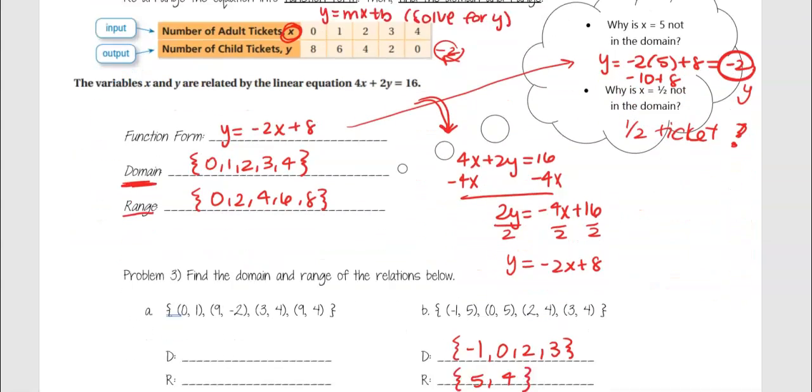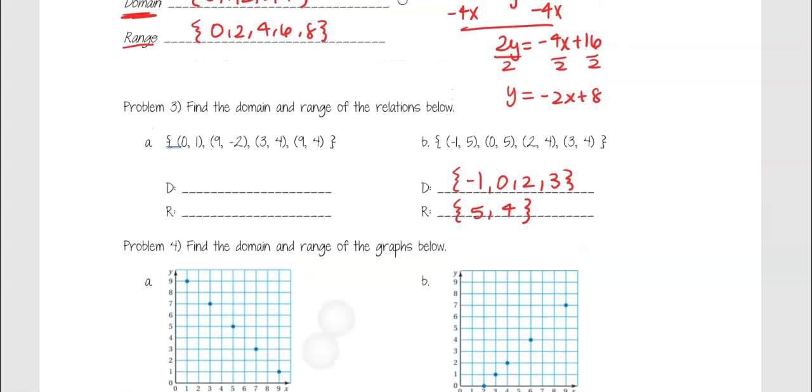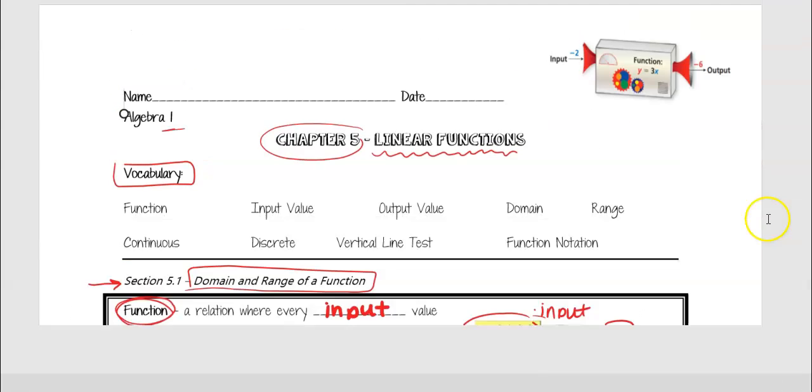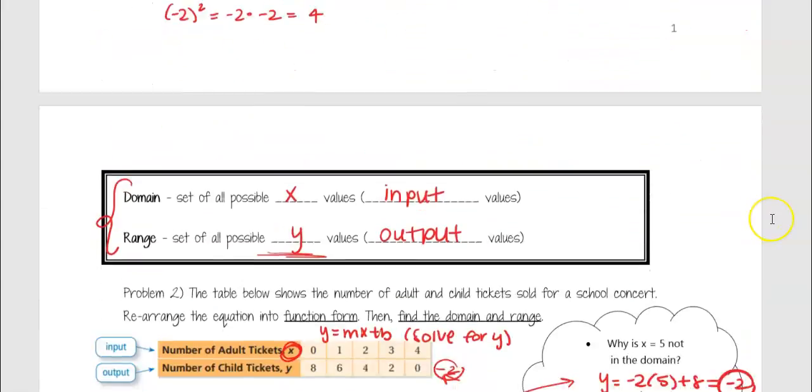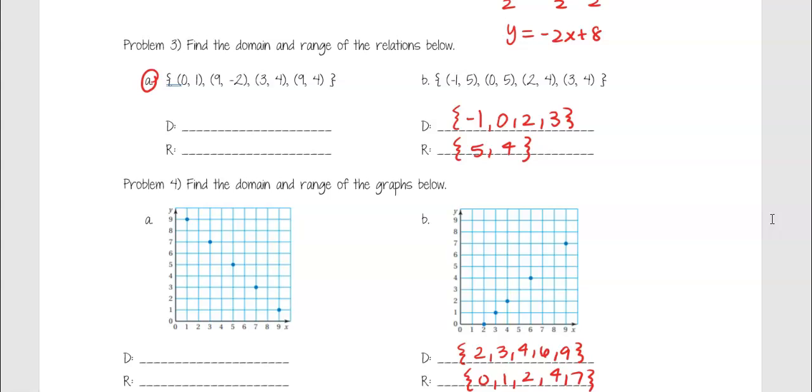Let's check out some other examples. It says find the domain and range of the relations below. So if we look at A here, whoops, sorry everyone. If we look at A, remember domain is my x values. I literally just list my x values. 0. I'm going to go least to greatest. 3 and 9. And I only need to list it once.